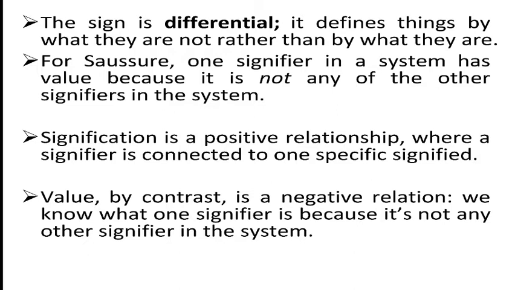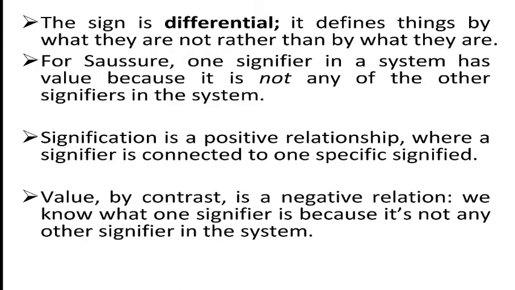The most important relation between signifiers in a system, the relation that creates value, is the idea of difference. For Saussure, one signifier in a system has value because it is not any of the other signifiers in the system. Signification is a positive relationship where a signifier is connected to one specific signified.